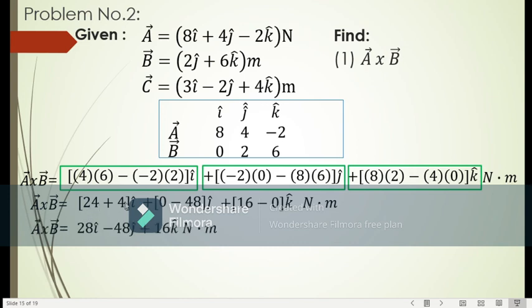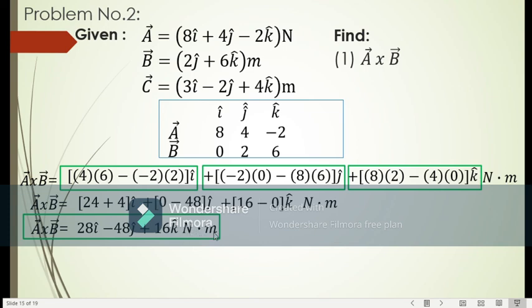So 24 plus 4 is 28. 0 minus 48 is negative 48. 16 minus 0 is positive 16. So for our final answer, the cross product of A and B, or A cross B, is equal to 28 I hat minus 48 J hat plus 16 K hat. The unit is Newton times meter.